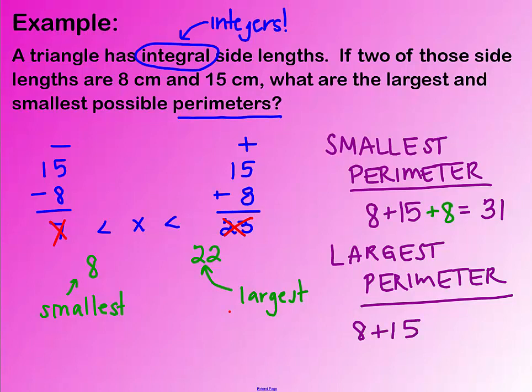Now I'm going to use my largest possible side of 22. And that would give me a largest possible perimeter of 45. So those are my smallest and my largest possible perimeters.